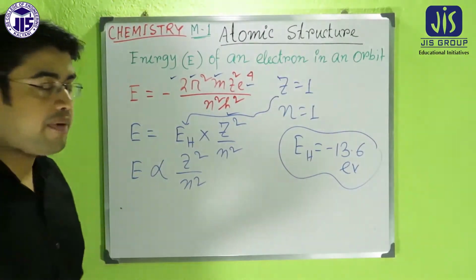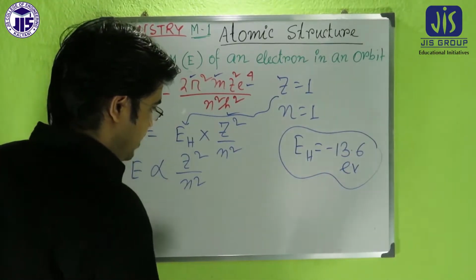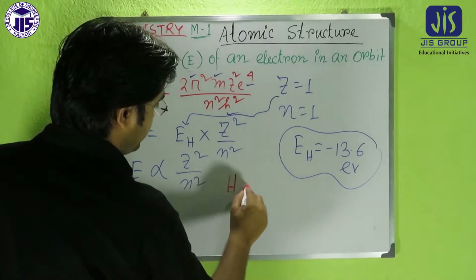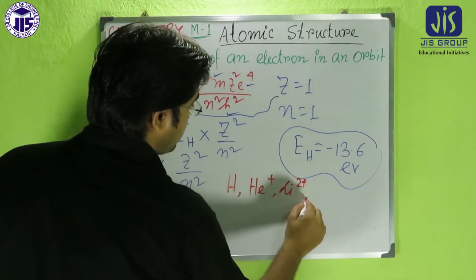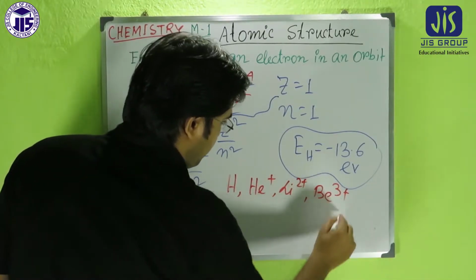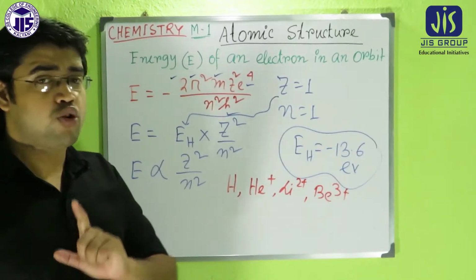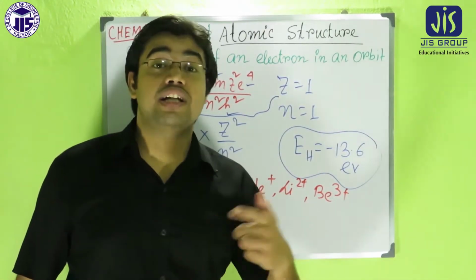I can give you one example also. Like the previous case, here you have to compare the energy of the first Bohr orbit in case of hydrogen, helium plus, lithium 2 plus, and beryllium 3 plus. Okay, so students, just pause the video here and solve the problem, then you will see the next part.